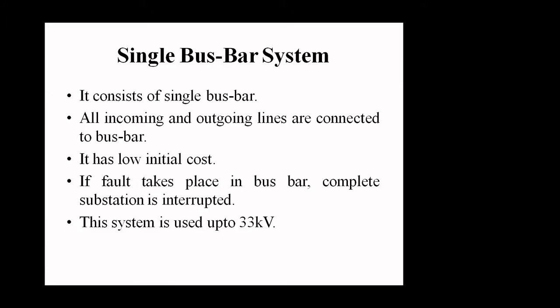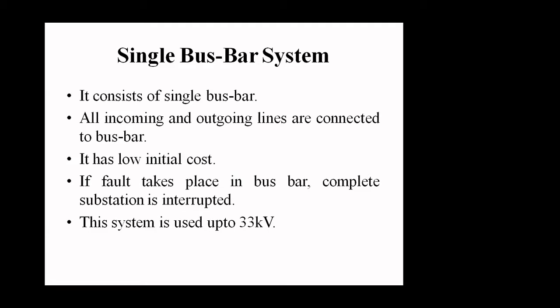Now, single bus bar system, it consists of single bus bar and all incoming and outgoing lines are connected to this bus bar. It has low initial cost, but we have a disadvantage with this single bus bar system.